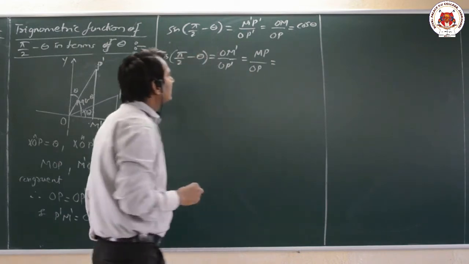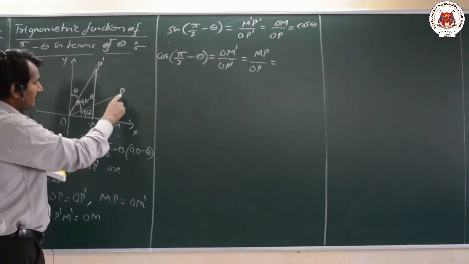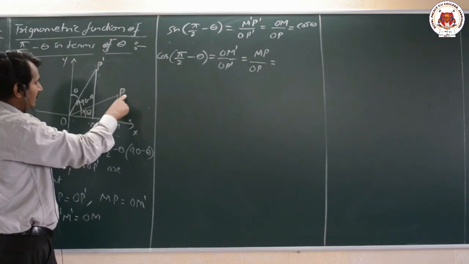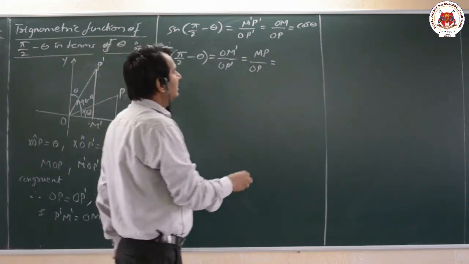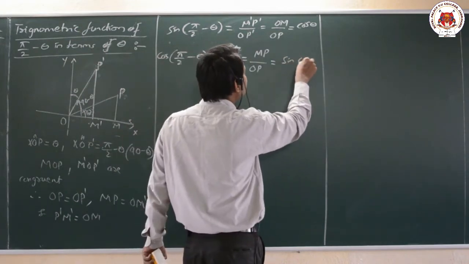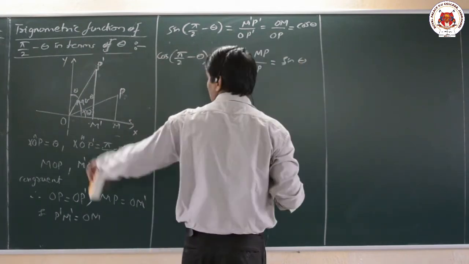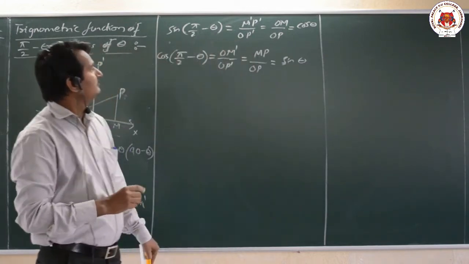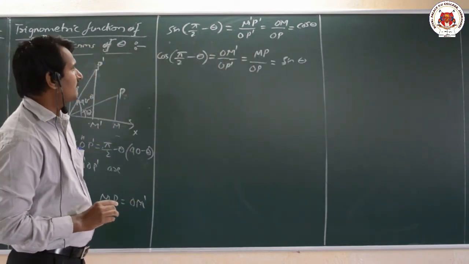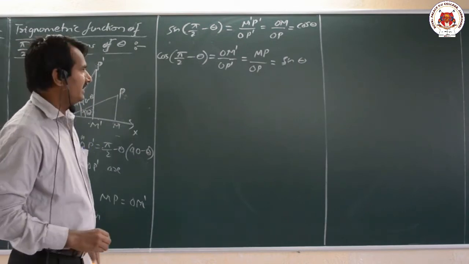So MP divided by OP, in terms of angle theta, is defined as sine theta, that is opposite by hypotenuse. These are our sine of pi by 2 minus theta and cos of pi by 2 minus theta.